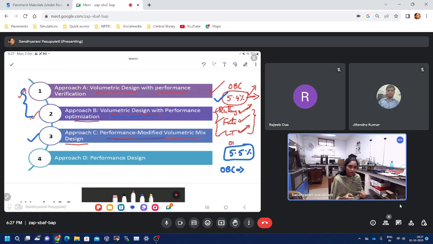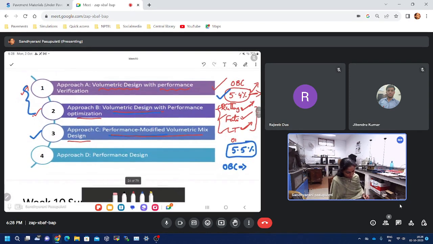But here we take the trial binder contents, we prepare the specimens, and we directly test these specimens for rutting, fatigue and these failures. If they are not able to resist these failures, we again change the binder content or change the gradation, and finally we come across some binder content which is nothing but the optimum bitumen content.